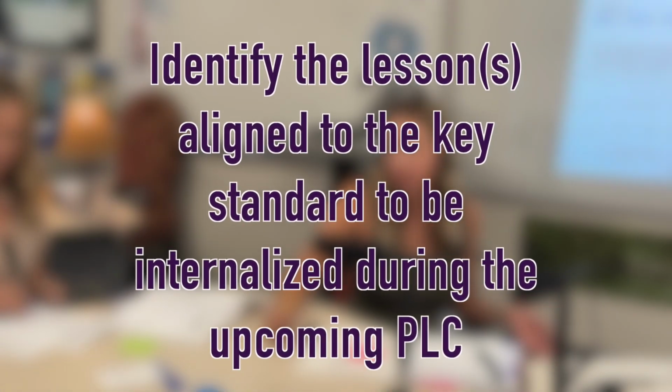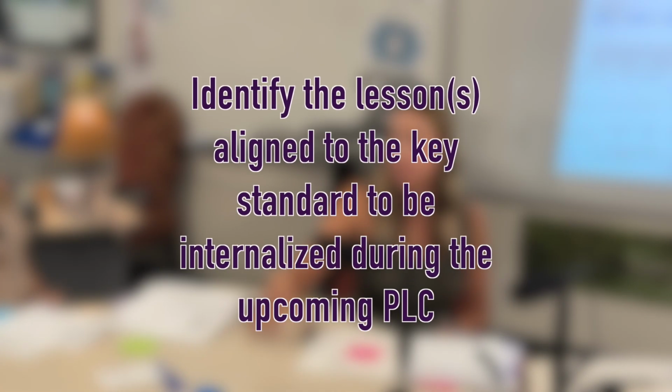The next step 3 is to choose a lesson that you'll be internalizing next time. So next time that there's a meeting, we'll spend time internalizing lesson 6 from this unit. So step 4 is looking at those end of unit tasks.